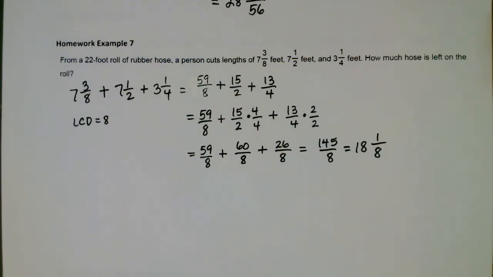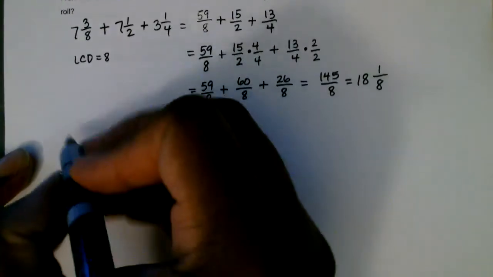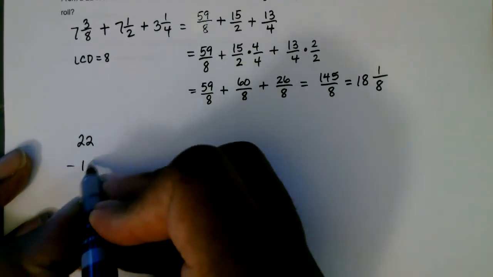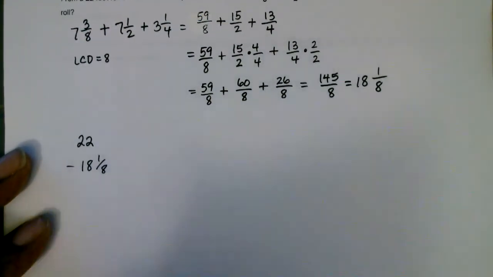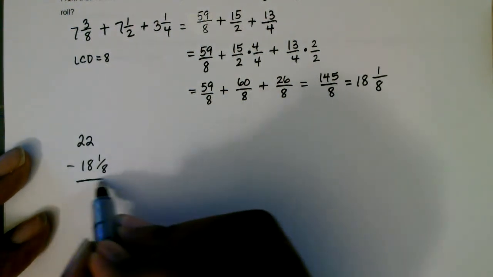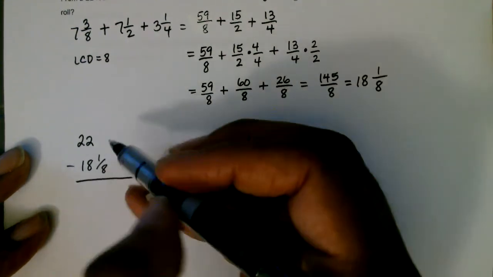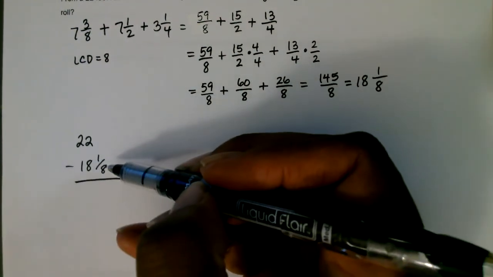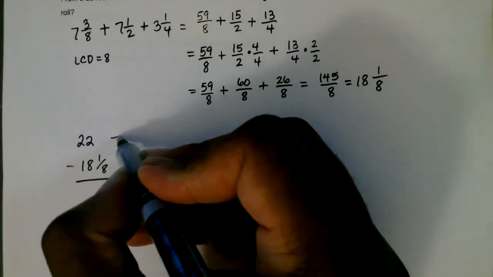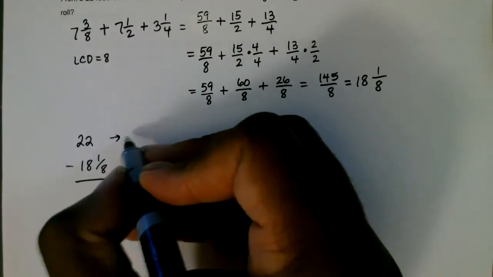Now we want to find out how much is left on the roll. So we've got to do 22 minus 18 and 1/8. Okay. Now, unfortunately, the way I'm going to have to do this is I know I can't subtract 1/8 from nothing here. So let's do a little regrouping.